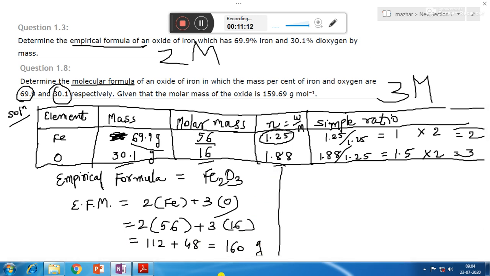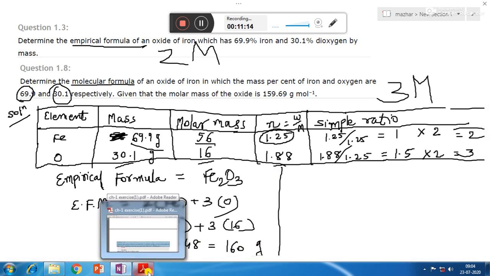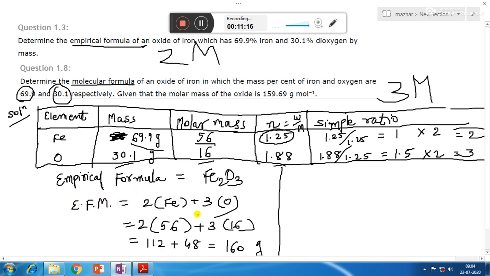Now we have to find out small n, that is the simple ratio common multiple. So small n is equal to molar mass divided by empirical formula mass. Molar mass you have to take in the numerator and empirical formula mass in the denominator.